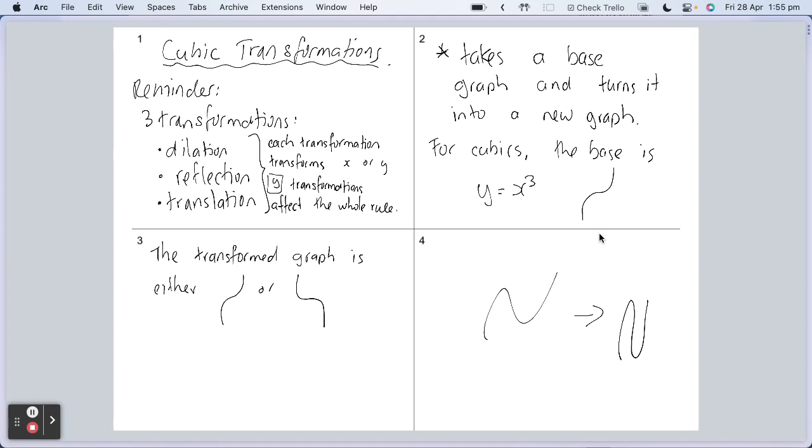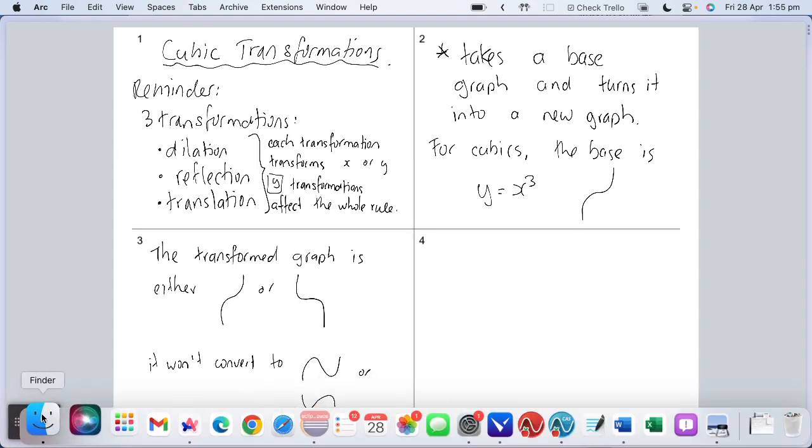That's my point there. Any function can be transformed. So it won't convert or transform to this, or this. Okay, it doesn't convert to a roller coaster. Okay, good so far? All right, language time.